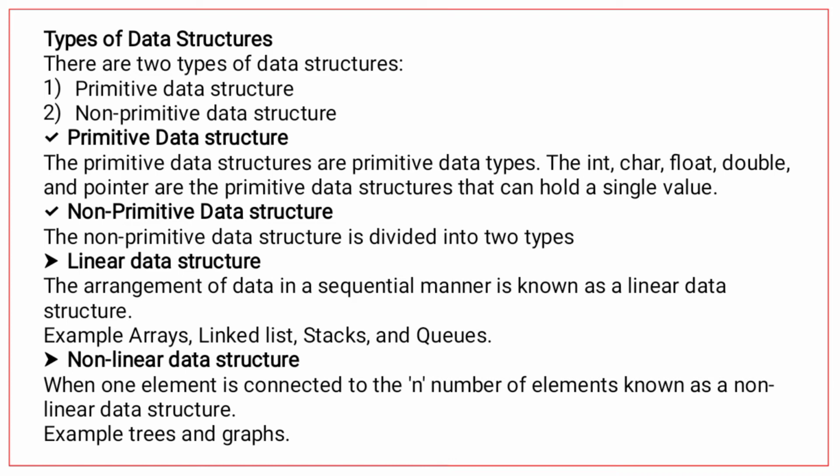In this data structure, one element is connected to only one other element in a linear form. When one element is connected to n number of elements, it is known as non-linear data structure. The best examples are trees and graphs. In this case, the elements are arranged in a random manner.